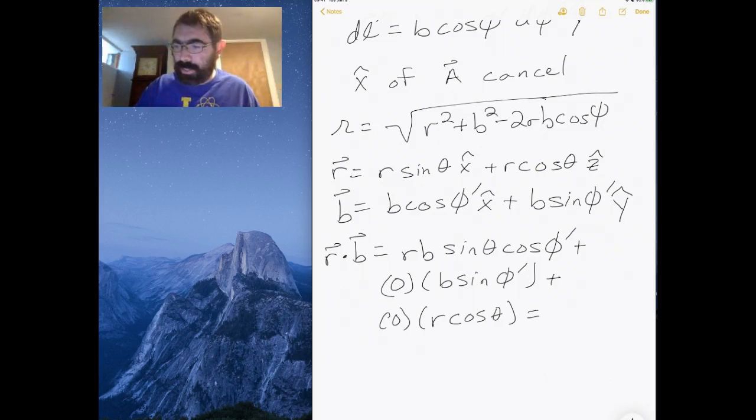So in the end, what I get is rb sine theta cosine phi prime.